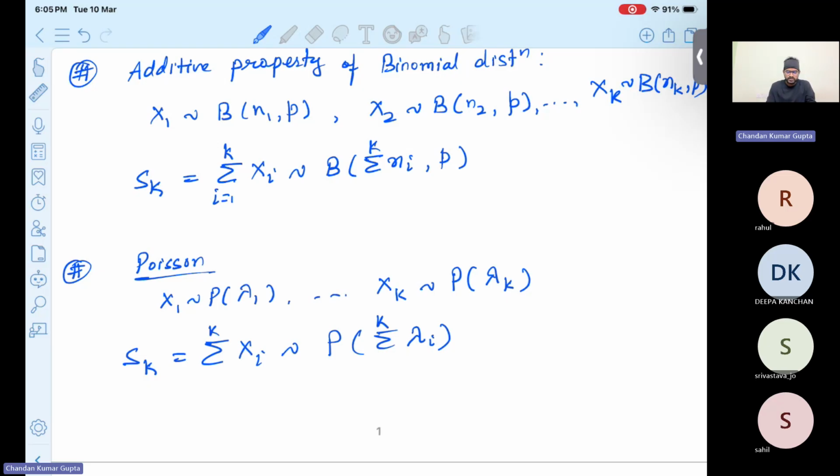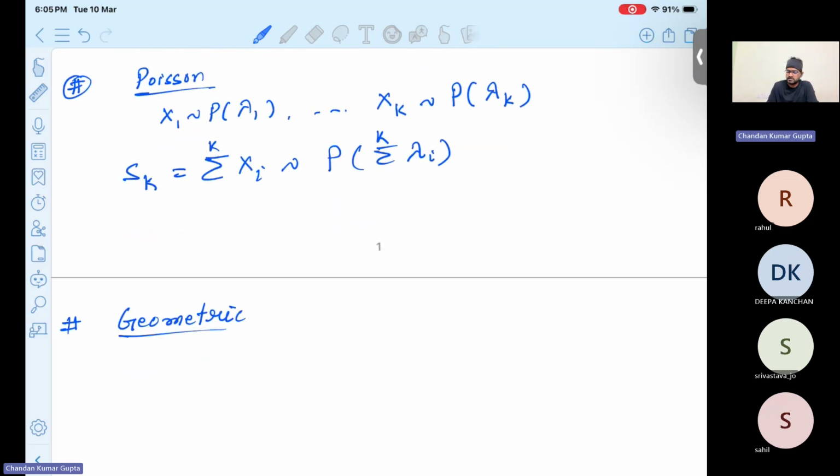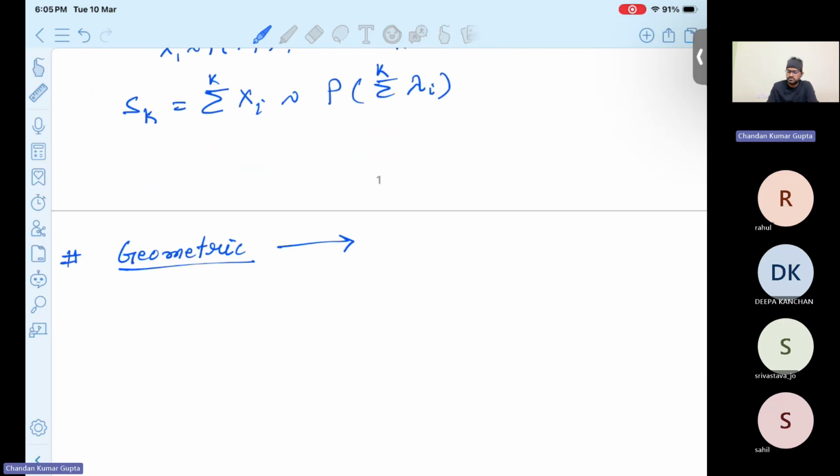Now we have one more, geometric. Suppose Xi follows geometric distribution with parameter p. That means X1 follows geometric distribution with parameter p, X2 follows geometric p, Xk follows geometric p.